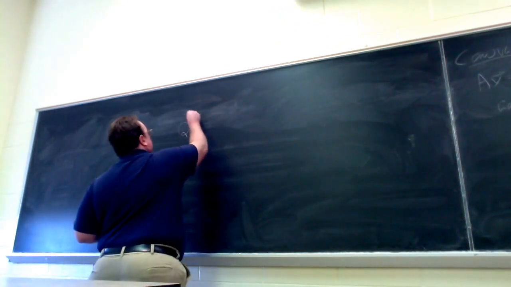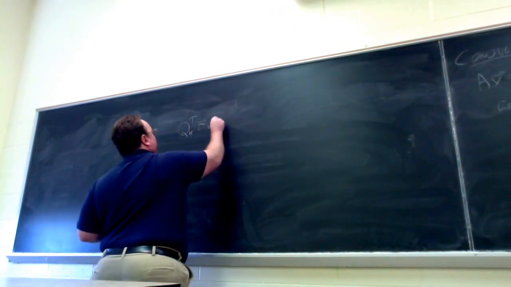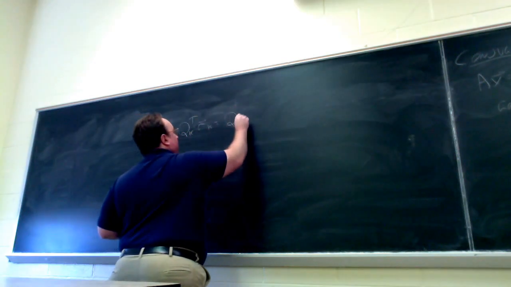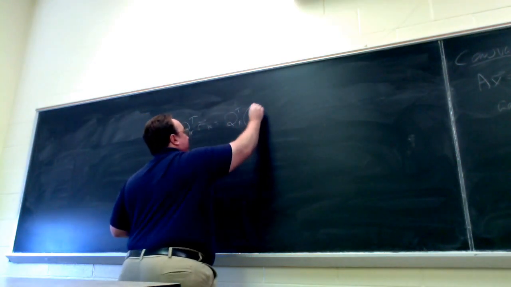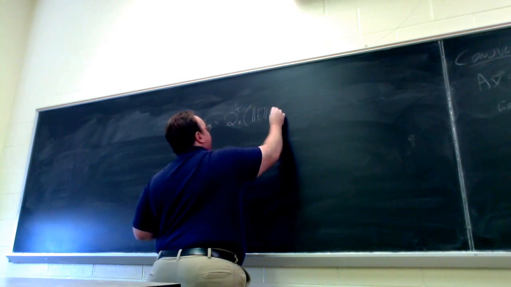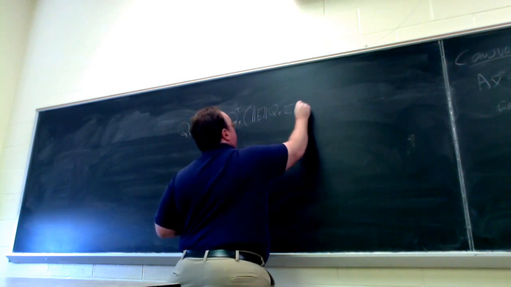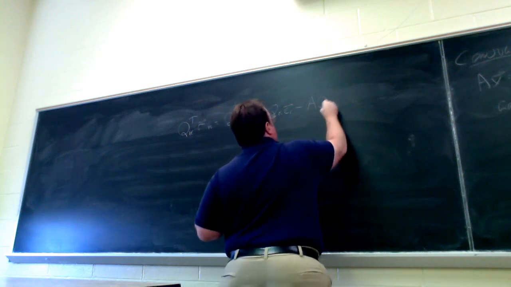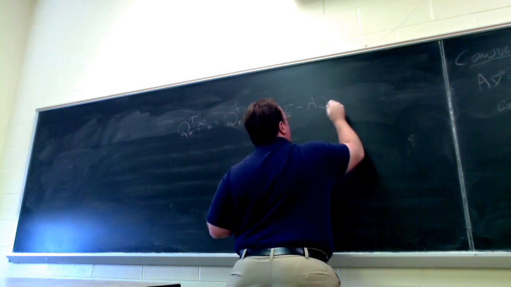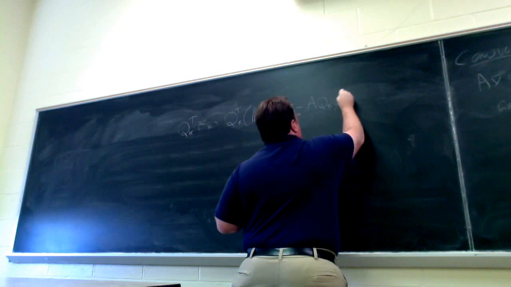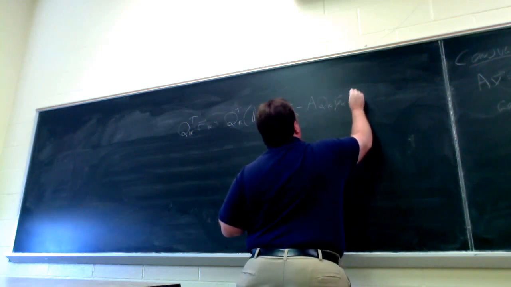So I have QK transpose RK. So I'll fill in what RK is from before. So that's norm of B QK E1 minus A QK YK.